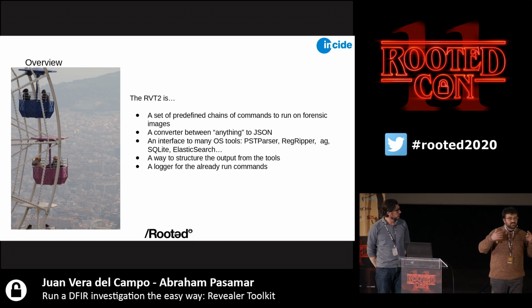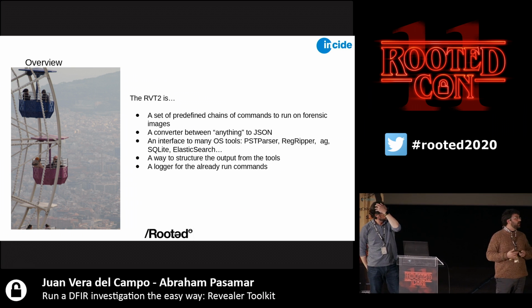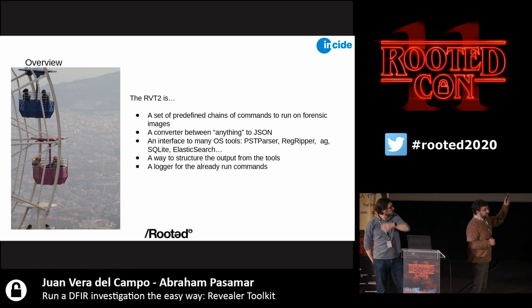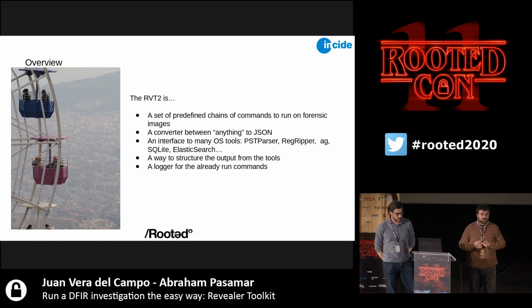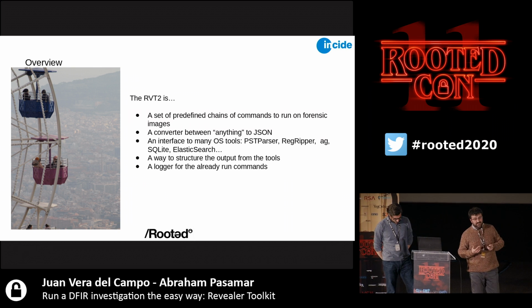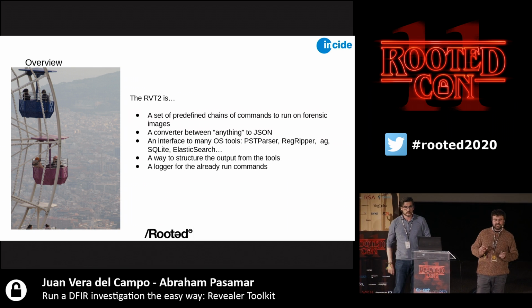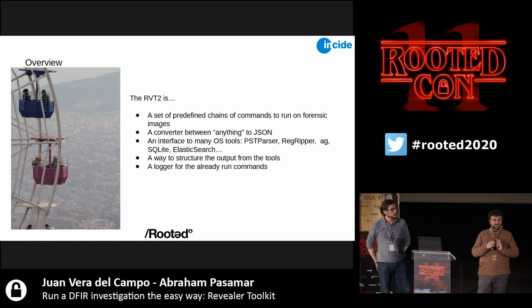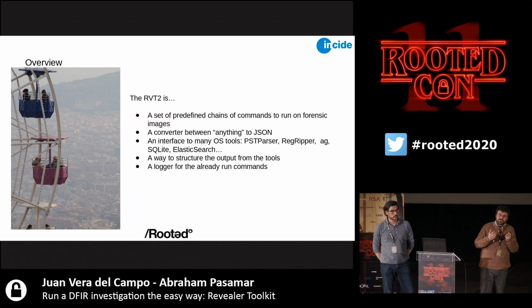It's a converter between any artifact, the Windows artifacts that we'll see right now, or Android, iOS, to JSON. JSON is a format with a very high semantic capability that lets us describe the artifacts with a very high level of detail, but it has a very clear advantage for us, and it is that we can do greps.